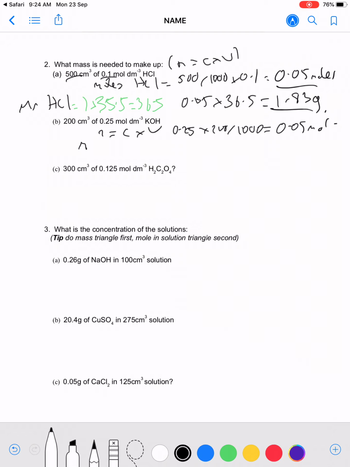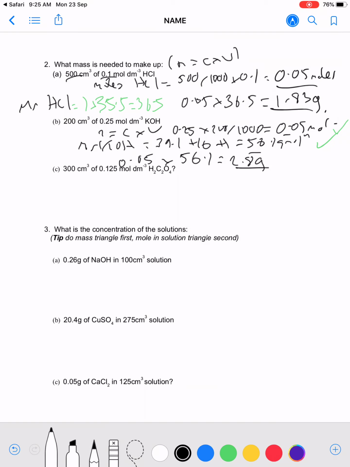The Mr of potassium hydroxide is going to equal 39.1 plus 16 plus 1, which equals 56.1 grams per mole. So the mass needed is the moles times the molecular mass. So it's 0.05, that's from here, times the molecular mass from here, which is 56.1, which equals 2.8 g.